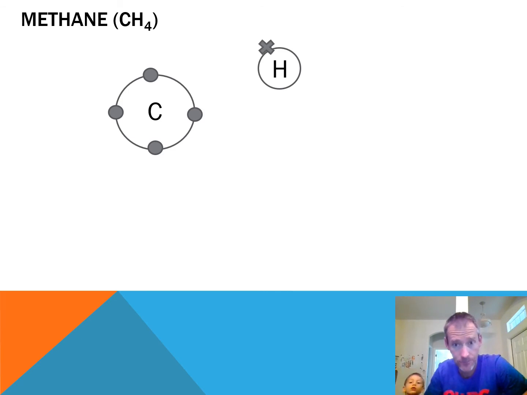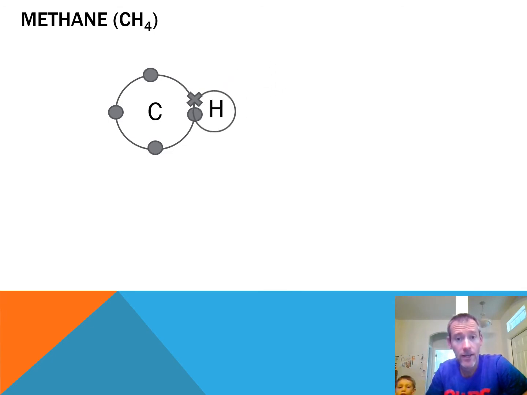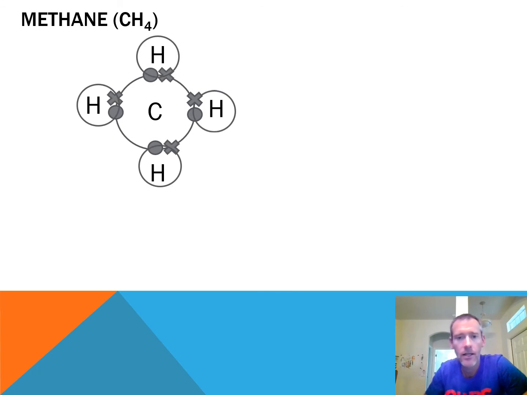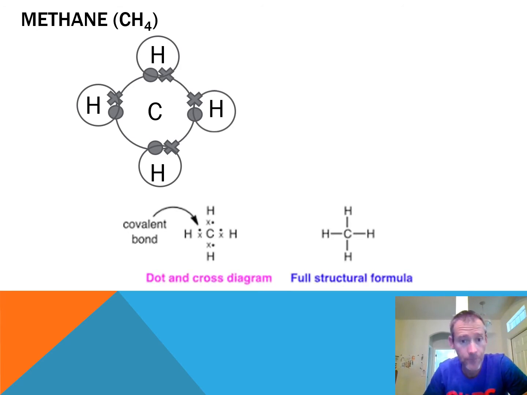Hydrogen has an X. It's going to share over and make a bond. So now carbon has 2 electrons here with hydrogen. It's going to repeat itself to give you 4 H's. Notice it now has 8 electrons around carbon, 2 around hydrogen, because hydrogen can only hold 2.